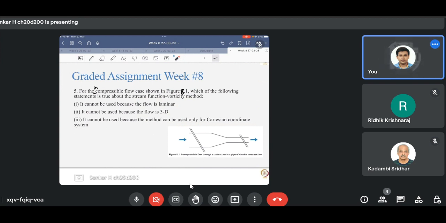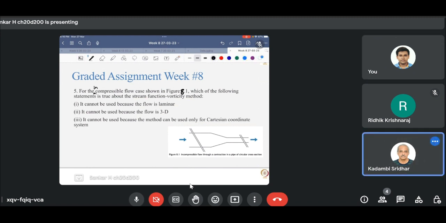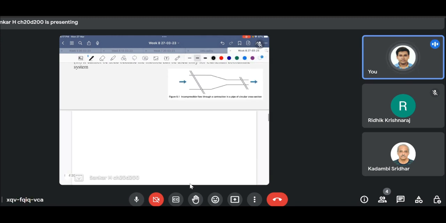Can we use the stream function vorticity method while we are in a turbulent regime? Anyone from the audience would like to answer? I think not. I think it requires laminar, right? No? Yeah, we can use it even if it is turbulent, but we have to write the equations in terms of the deviational velocities.